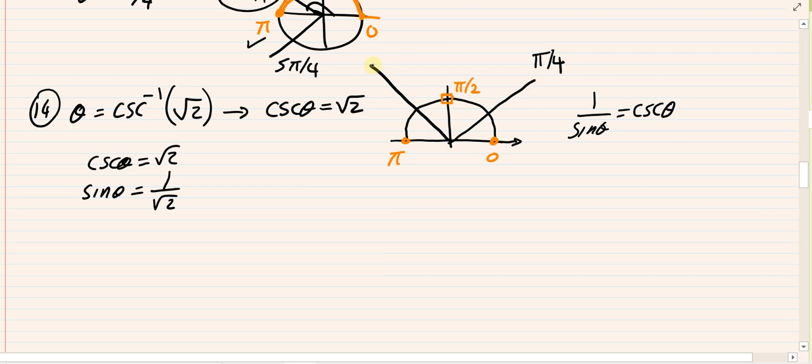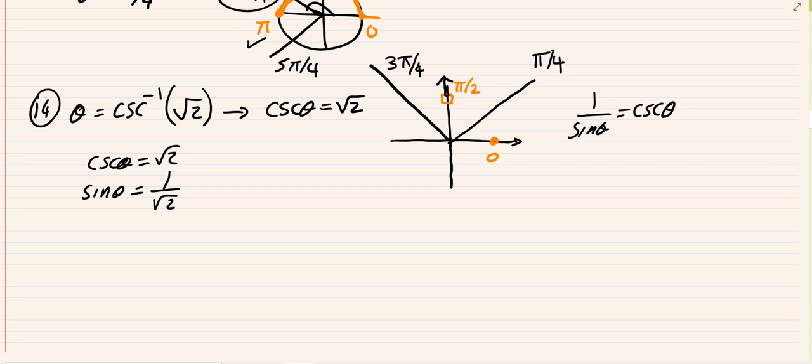So pi over 4 and... hold on. I didn't do my circle. My apologies, sorry about that. But what I was about to write is right. Sine of pi over 4 and 3 pi over 4, both of those are permissible for sine to be 1 over root 2.